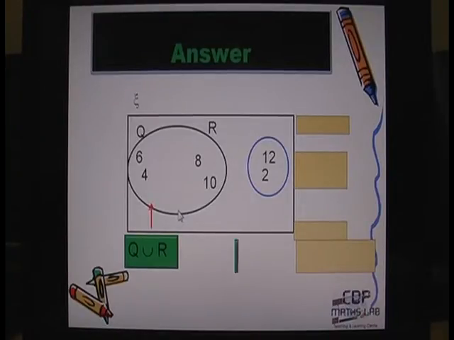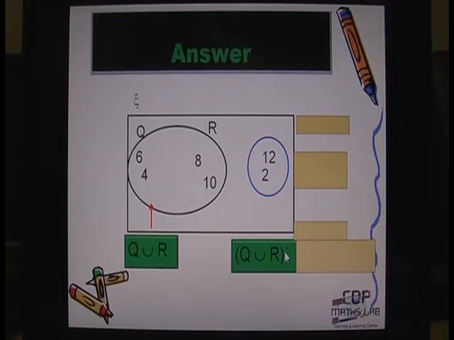But guess what now? The complement. This is what we're given. The complement of Q union R is saying what? The elements that do not belong to the set Q and R combined, or the union of Q and R. So if you look, you can clearly see that 2 and 12 do not belong to the union of Q and R, which is the complement.